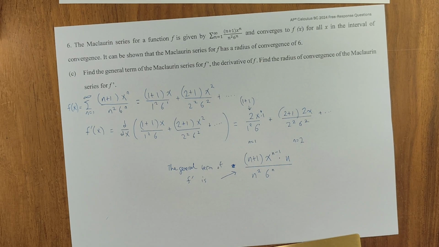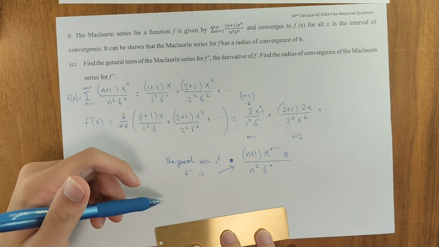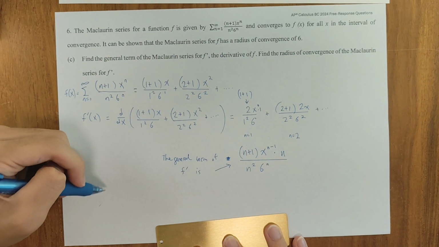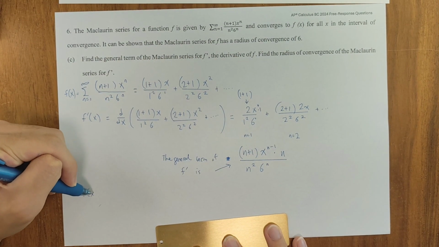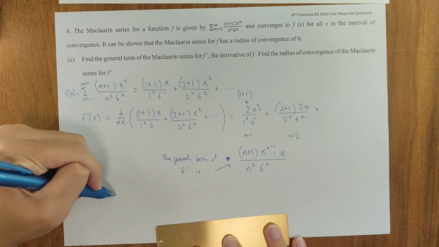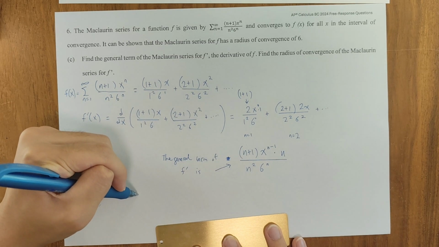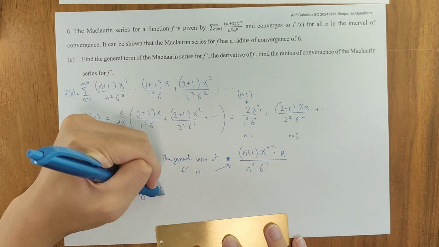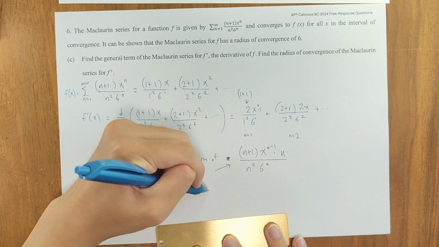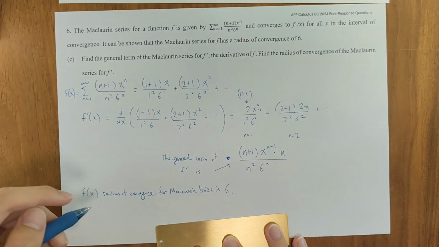Now find the radius of convergence of the Maclaurin series of f prime. We were given that f's radius of convergence for the Maclaurin series is 6.